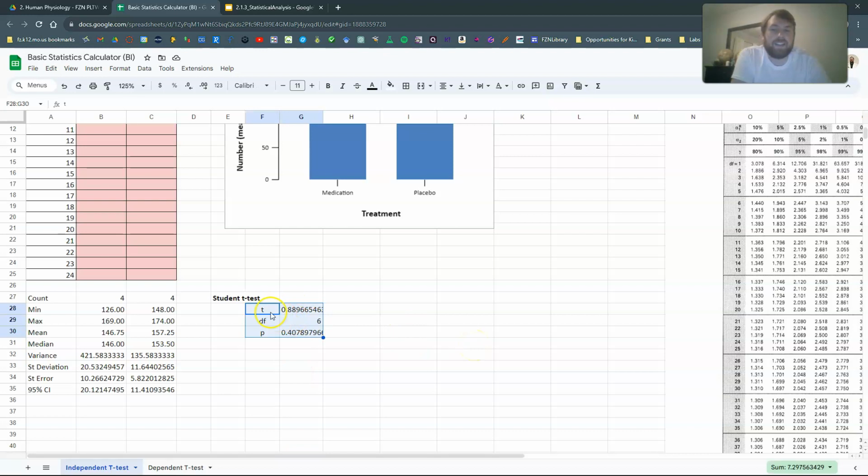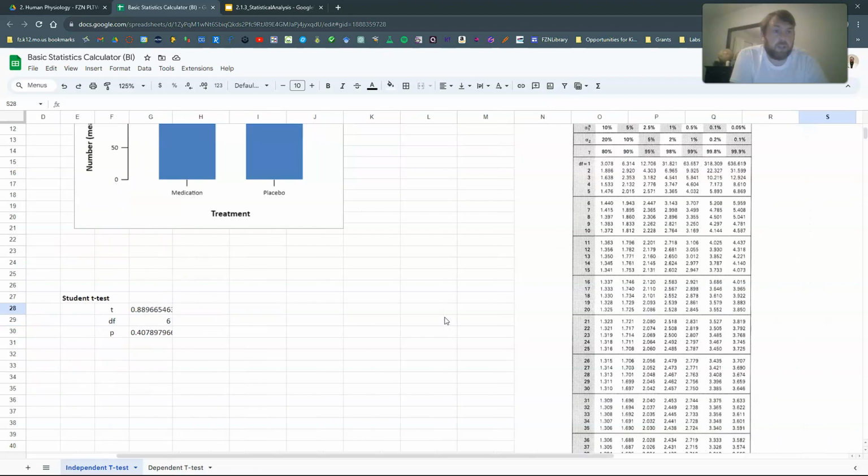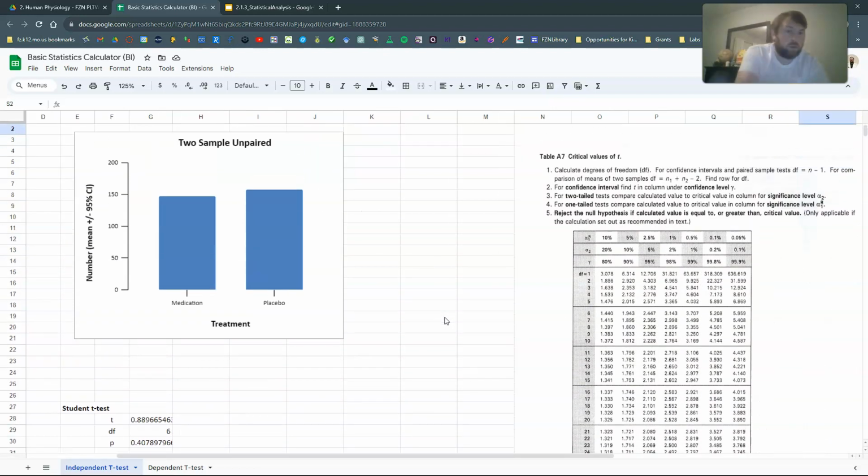Here's the meat and potatoes of it right here. The t-test was 0.899. That was the same number that we got from all that arithmetic that just went on the slide before us. And the degrees of freedom was something that we calculated right there. That was easy to do. The calculator does it for you just based on the numbers from the count. So we go over here to the example critical value chart, and it does have the information for you on what to determine as a significant value here.